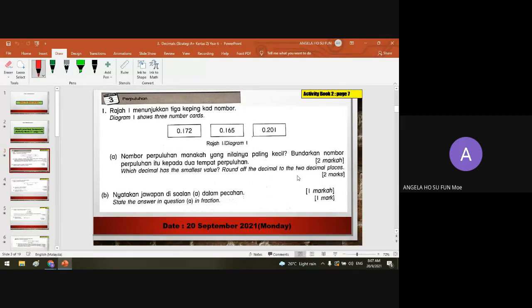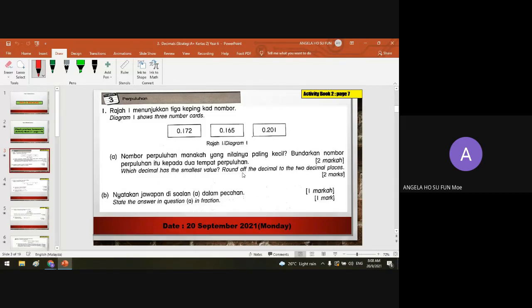So there are 2 questions here. First, you have to make sure out of the 3 cards which card has the smallest decimal. You have to choose and write down. Then the second question, you need to round off the decimal in that card into 2 decimal places.